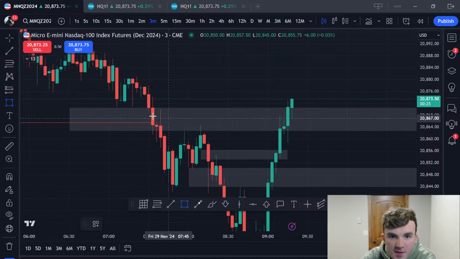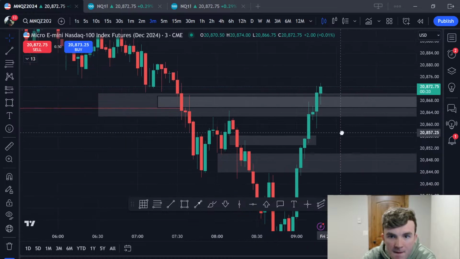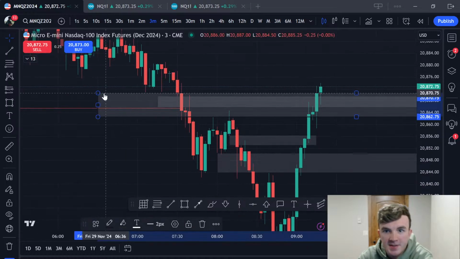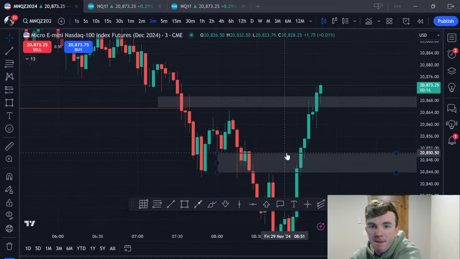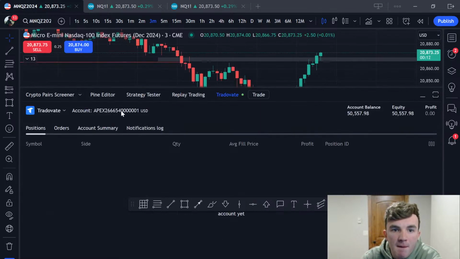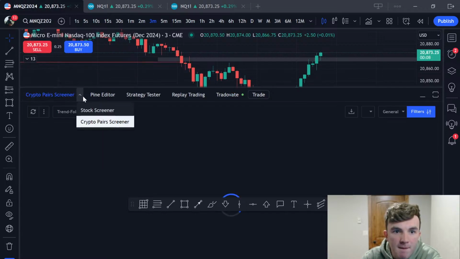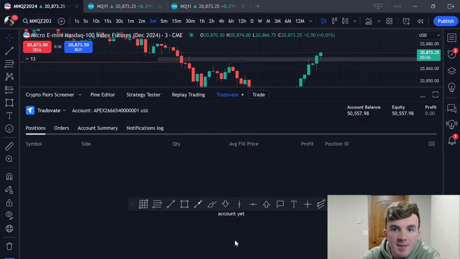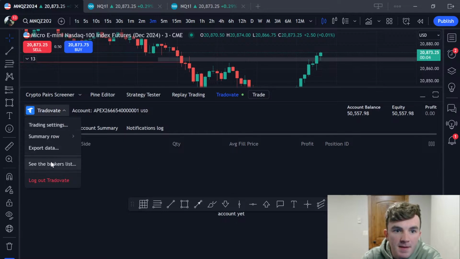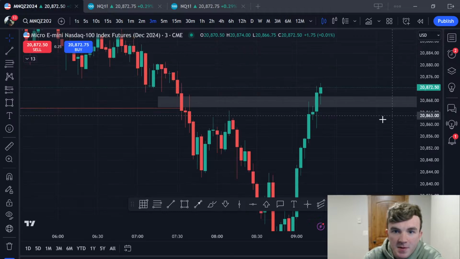We closed above this 3-minute gap. I think I'm going to try this on demo. Bro, I don't even know how to get to demo right now. It just gets very overwhelming really easily if I don't know what I'm doing.